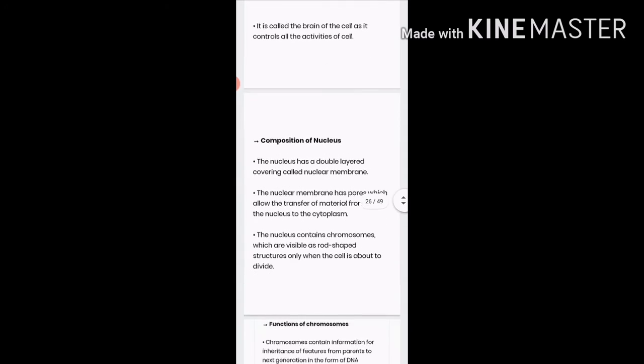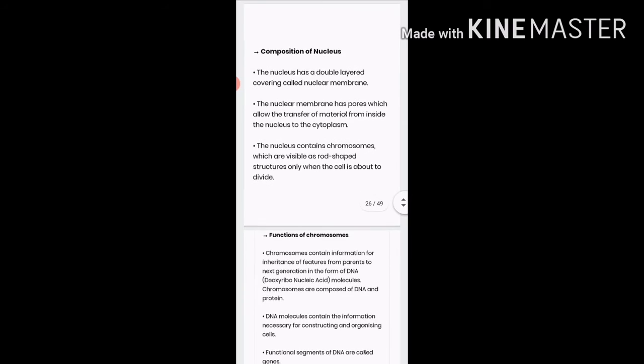The composition of nucleus, as I just told you: students, because the nuclear membrane is not continuous, it has small pores. Through this nucleopore, the material from the cytoplasm can enter the nucleus, and from the nucleus, whatever material has to be thrown out is added to the cytoplasm, and through the cytoplasm it moves out.